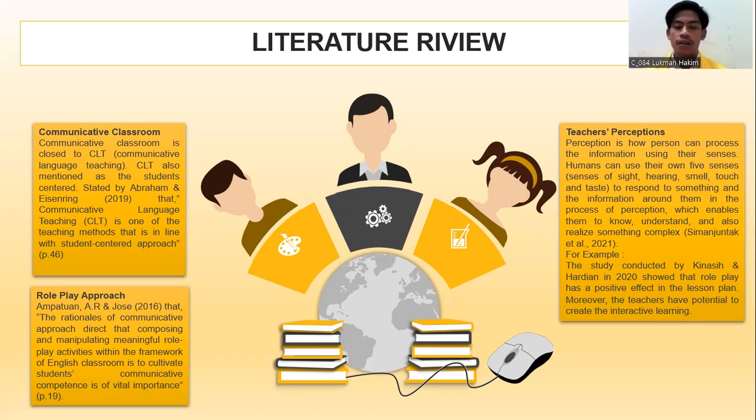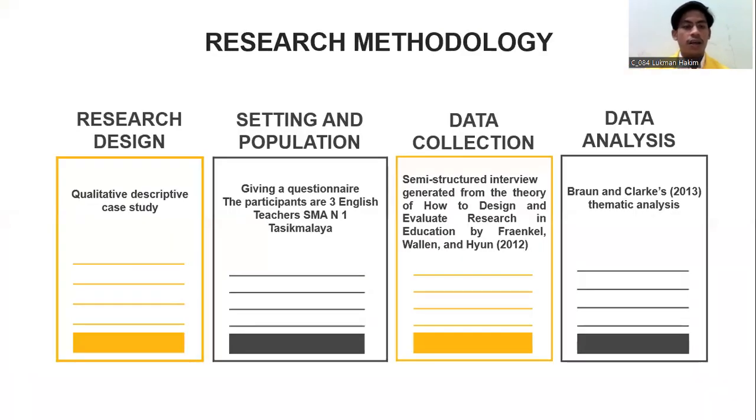Okay, the next one is research methodology. The researcher chose a qualitative descriptive case study because this is appropriate to the topic, exploring and understanding the meaning individuals or groups ascribe to a social or human problem. Moreover, the case study focuses on a single case, and that is teachers' perceptions.